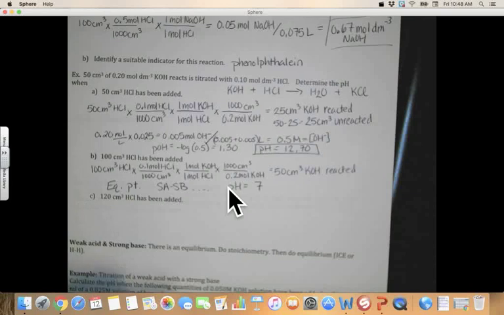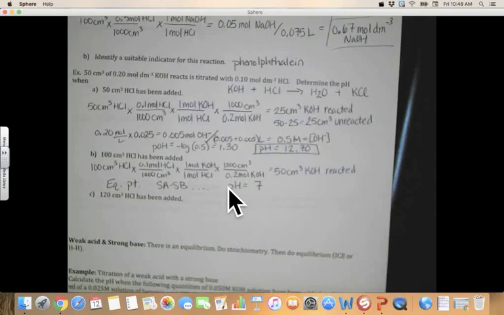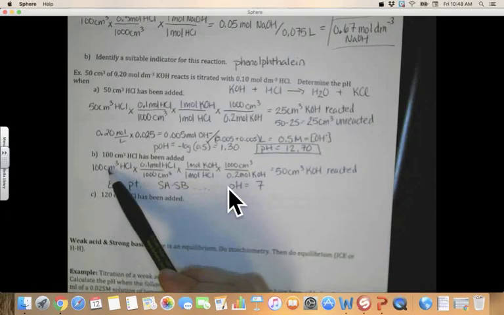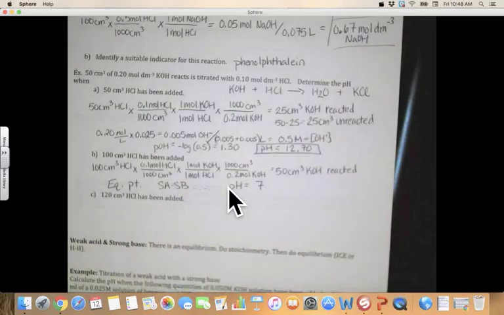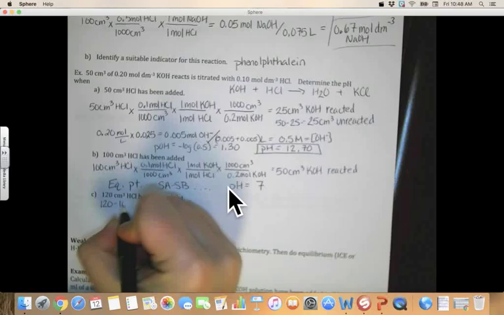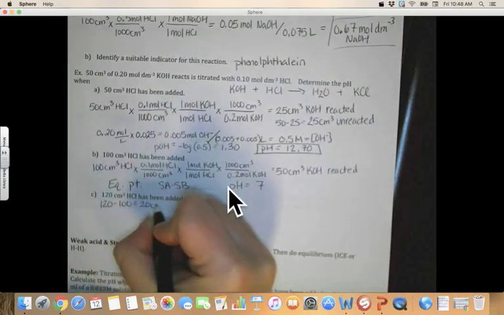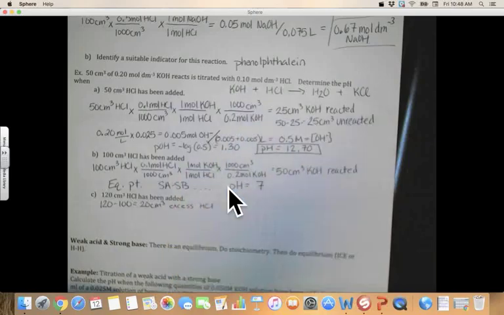Okay, let's look at C. What's the pH when 120 cubic centimeters of hydrochloric acid has been added? Well, we know that at 100, the equivalence point exists and that everything's neutralized. So this means I have 20 cubic centimeters of excess HCl. Okay.